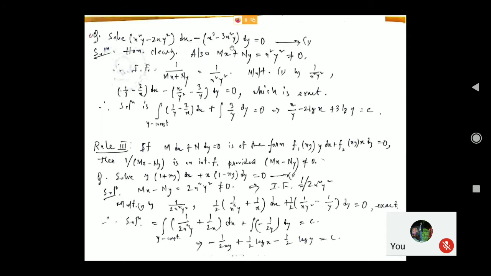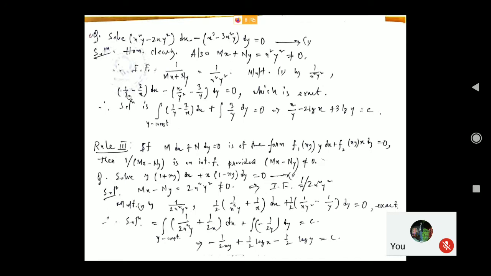Our job is, the original equation is not exact and we want to solve it, so we want to convert it into an exact equation. So we multiply our given equation by this integrating factor. That's why the name integrating factor. We multiply the given equation by 1 by x square y square.